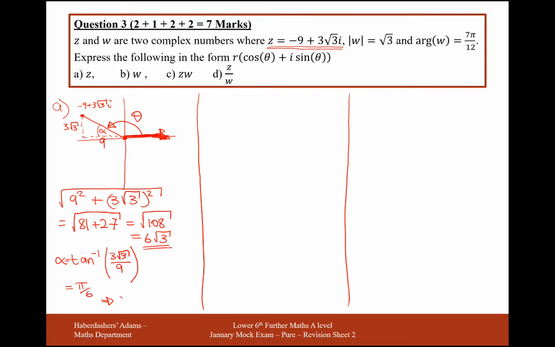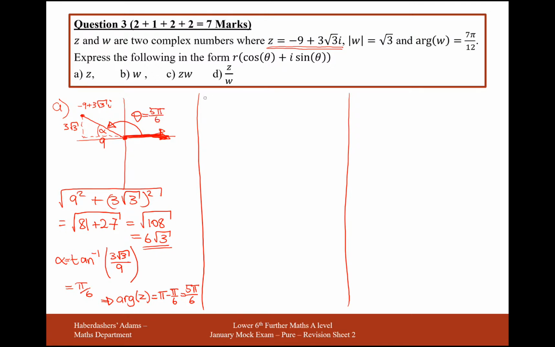So therefore the argument of z is going to be pi minus pi by 6, which is going to be 5 pi by 6. So this angle here is 5 pi by 6.